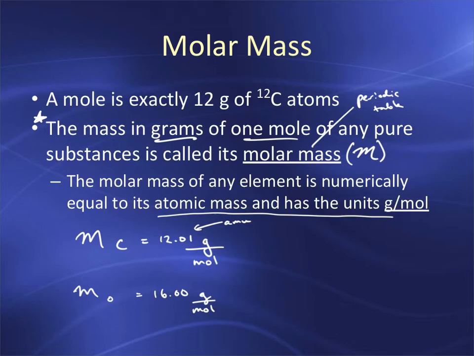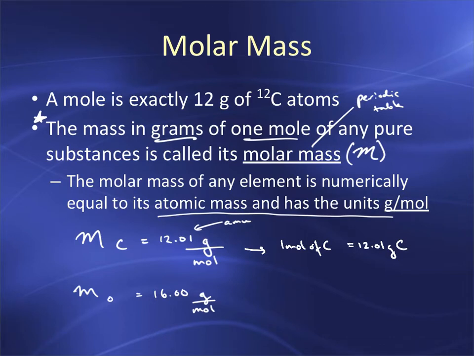So what does that mean? That means that if I wanted exactly 1 mole of carbon atoms, since not all of the carbon we would have would be carbon-12, it's a mixture of carbon-12, 13, and 14, I would need to go out on the scale 12.01 grams of carbon, and every 12.01 grams of carbon is 1 mole of it.